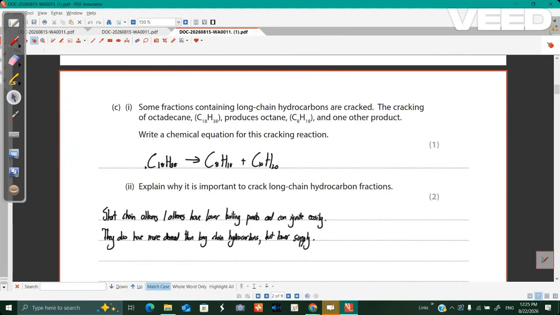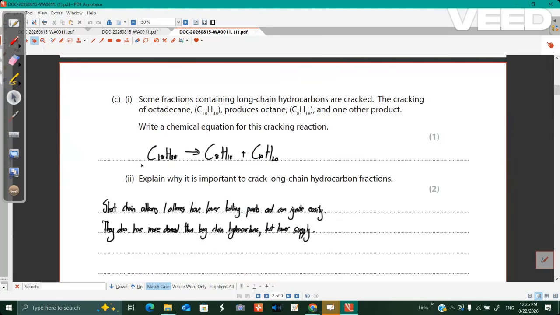Write a chemical equation for this cracking reaction. C18H38, and the remaining carbons and hydrogens can be octane and one other product.